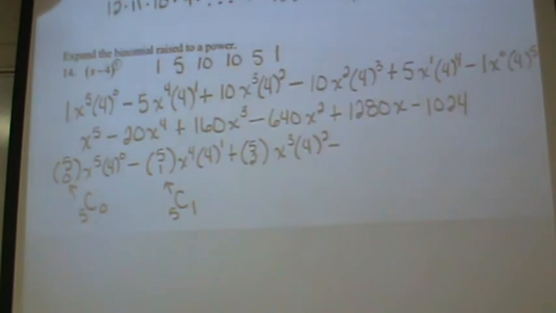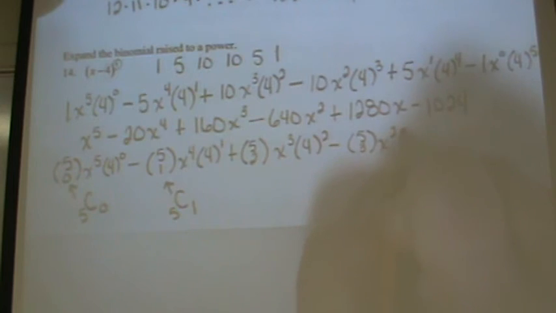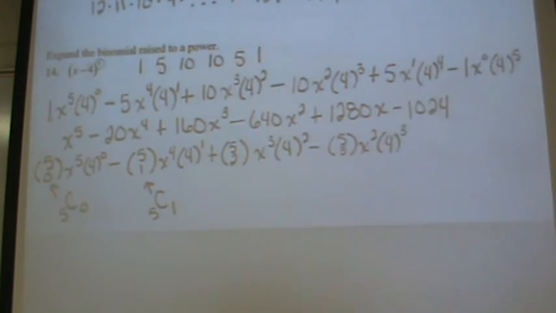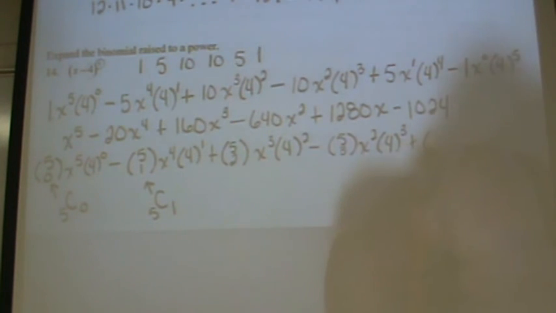So our next term, the combination would be 5 with 3, x squared, 4 cubed, and our next term is 5 with a 4, x to the 1, 4 to the 4th.